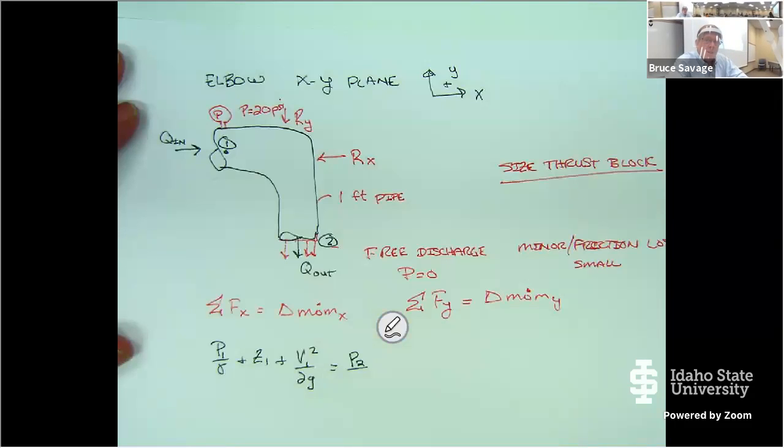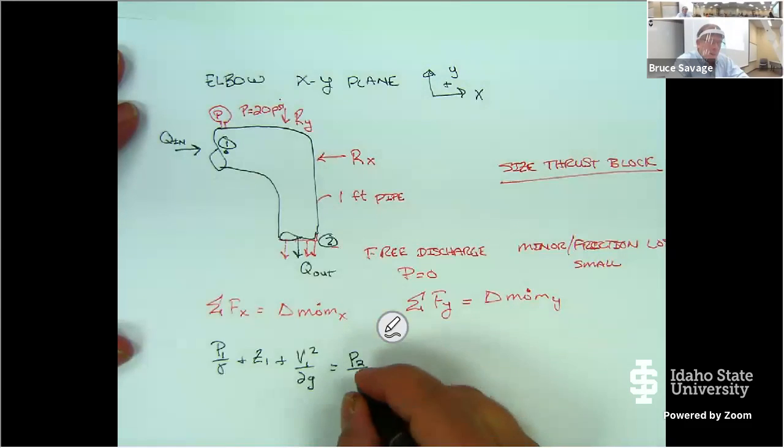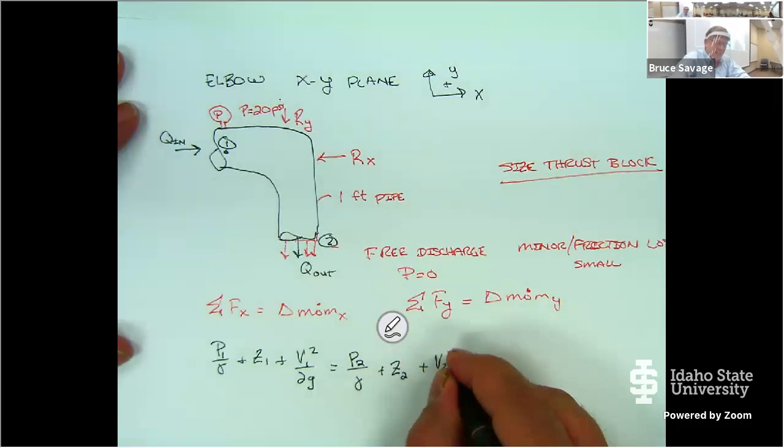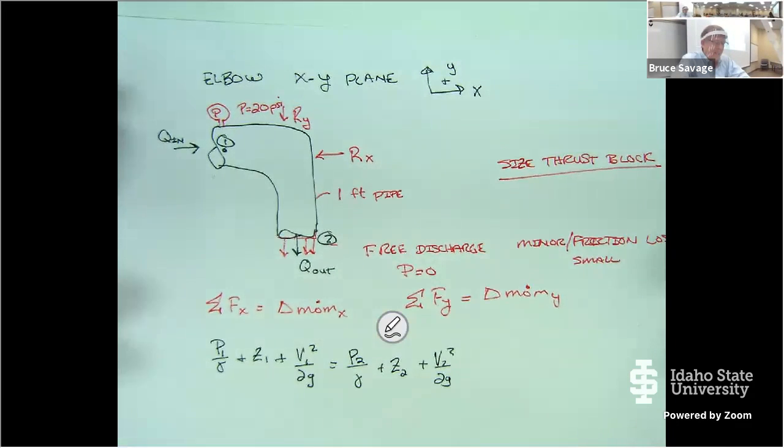We normally do this for nozzles, and that's because we have a velocity difference. So my dilemma here is I have to have a head loss to solve this, unless I make it a nozzle.